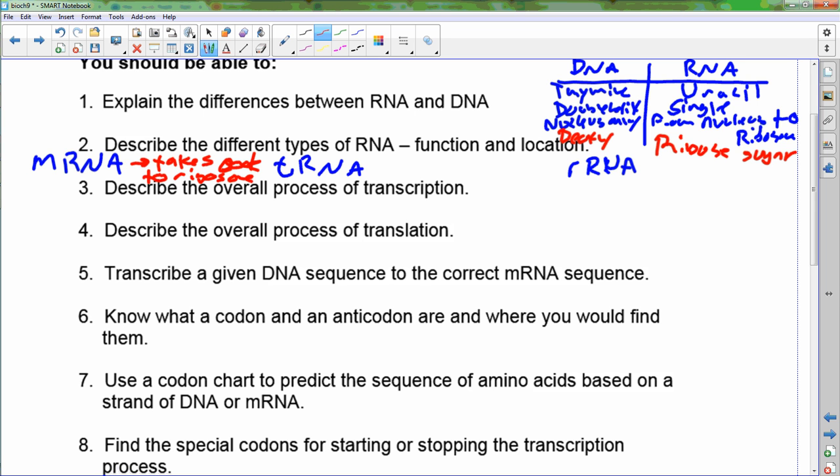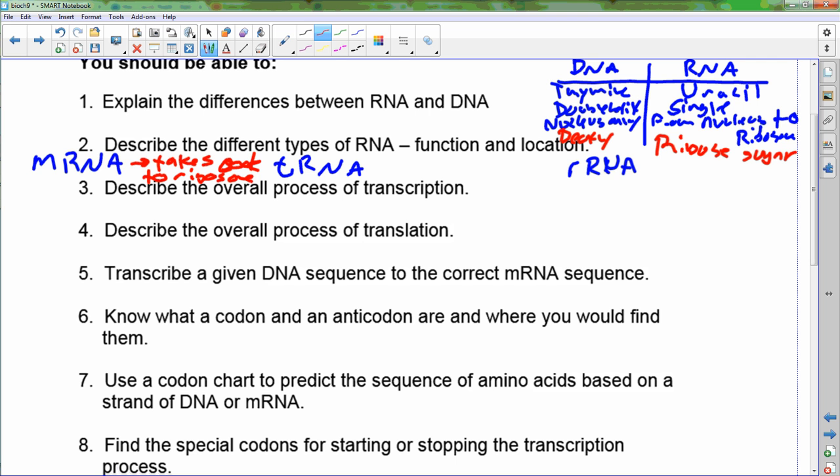That's the one that we've talked most about. It's involved in both the process of transcription and translation, whereas the other two types of RNA will not be involved in transcription at all. They're only involved in translation.